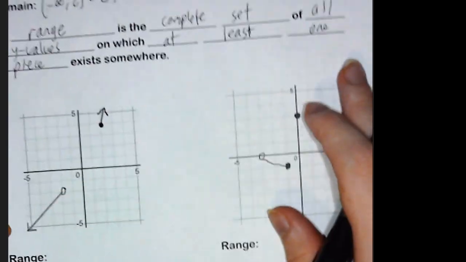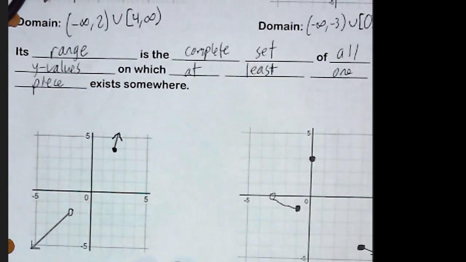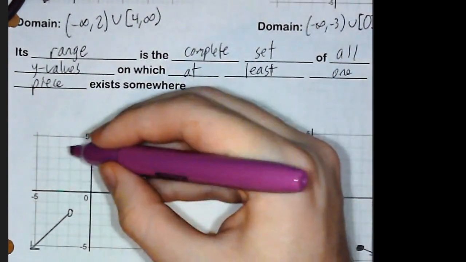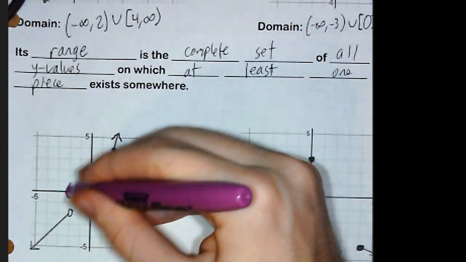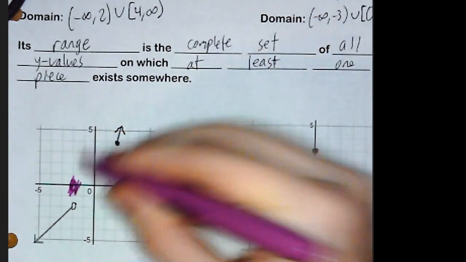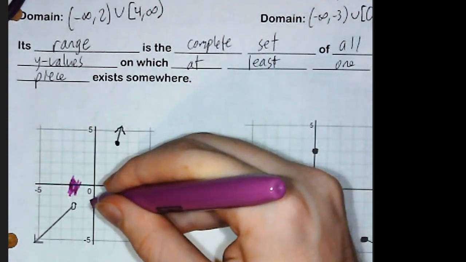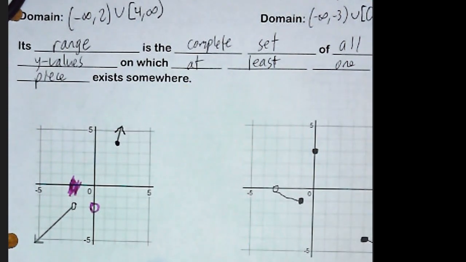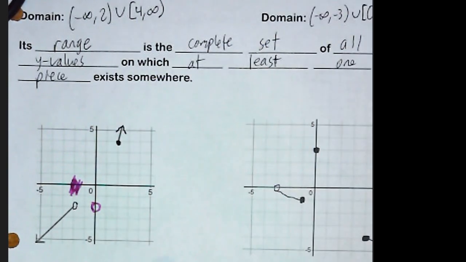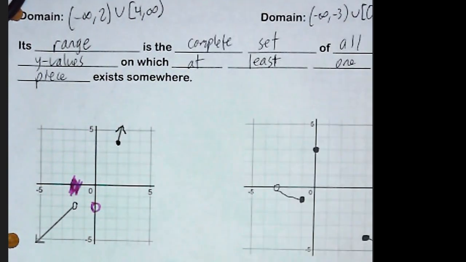So let's go down here, and I'm going to use a different color this time because we're looking at range. For our first piece, it's going to start here. Oh, wait, no. It would have started there if we were looking at domain. Instead, it's going to start here because we're looking at range. We're looking at y values, which are on the y-axis.